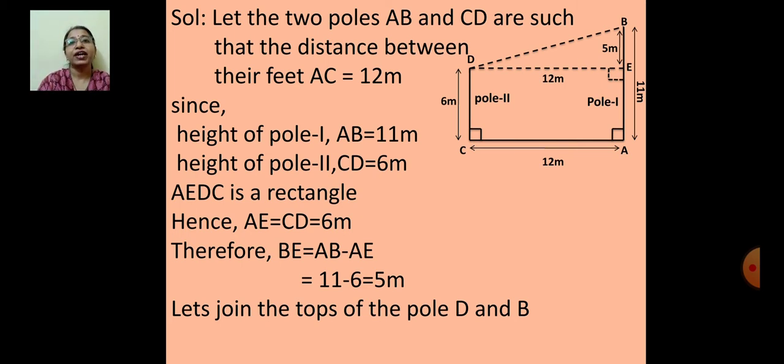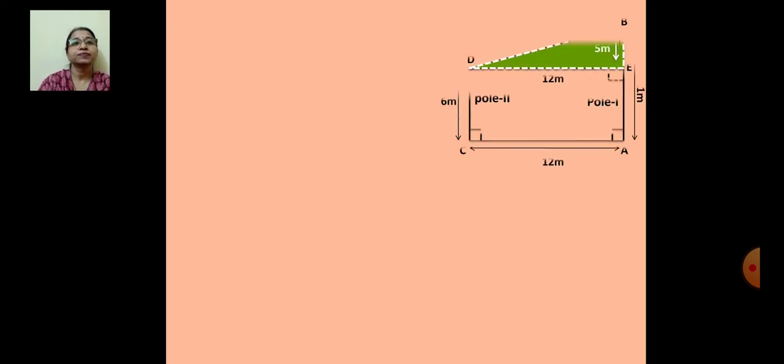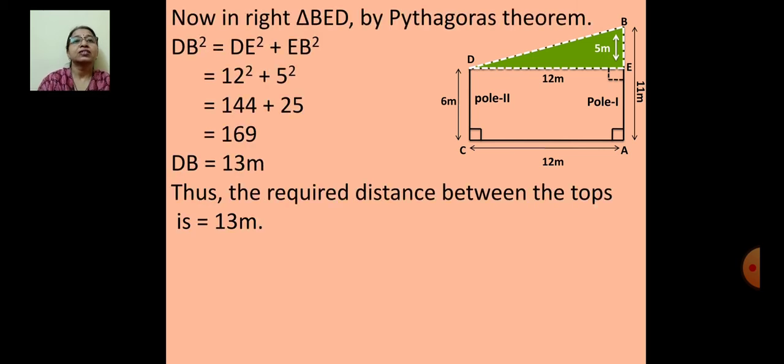Now we have to find the distance between their tops. So for that you join B and D. Right. So now this triangle BED is a right angle triangle. Two lengths are given to you. So apply Pythagoras theorem. BD square is equal to DE square plus EB square.